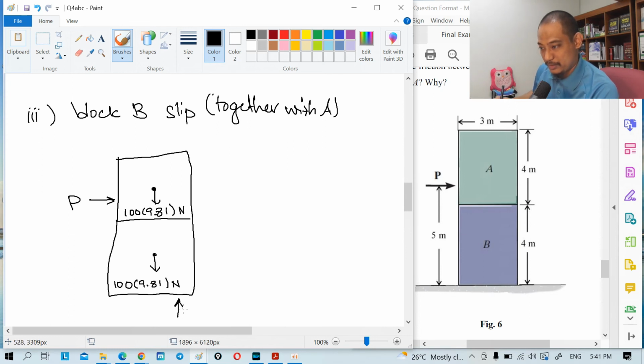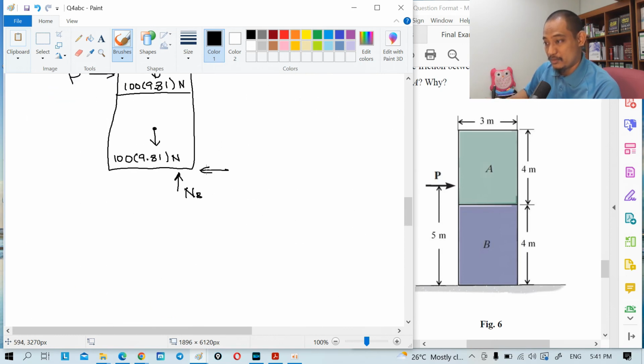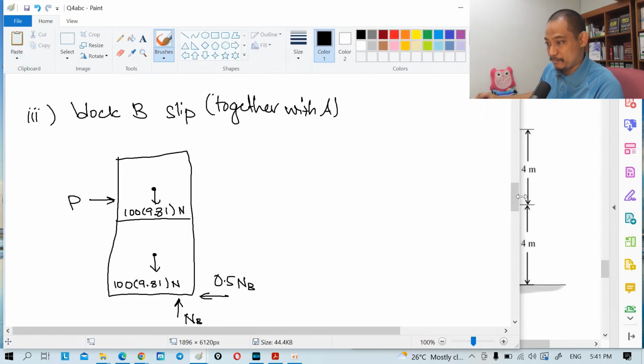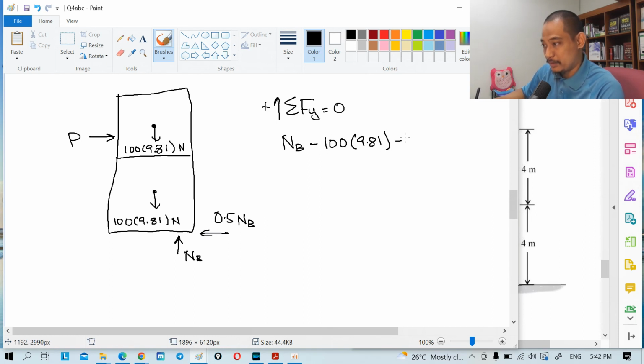So N is still in the middle, let's call this NB, and the friction will be the maximum, which is mu times NB. What is mu? 0.5. So from there we can calculate. Summation of Fy equal to 0, taking upwards as positive. So NB minus 100 times 9.81 minus 100 times 9.81 equal to 0.